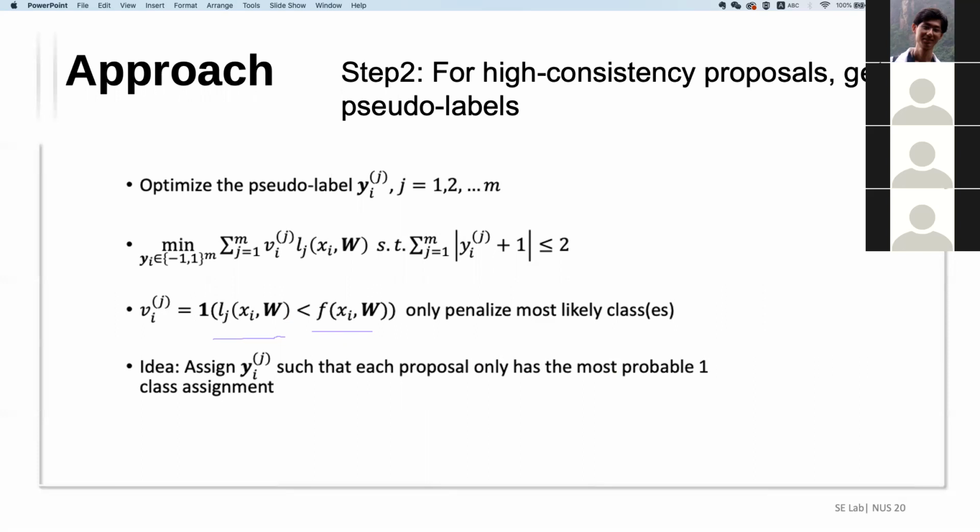For f(xi), so f(xi) can provide a confidence. I think here it just means that we only look at those losses that are lower than some threshold, and this threshold is this f. This f is calculated by previous calculation.